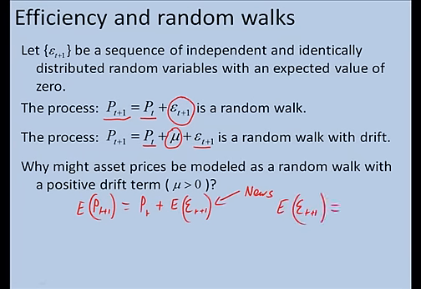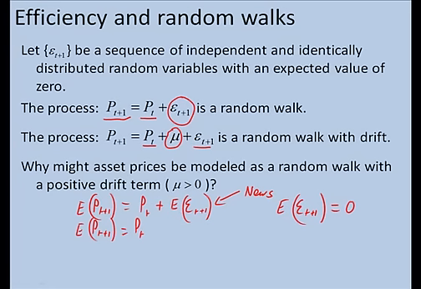We could get good news or bad news. We're not sure. On average, the error term is 0. So according to just a random walk, the expected price tomorrow is the price today. But that doesn't make much sense if you think that investors require compensation for bearing risk.